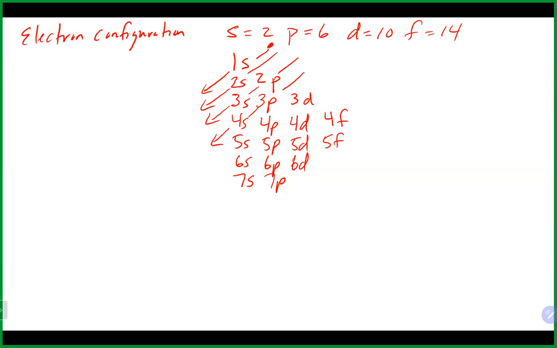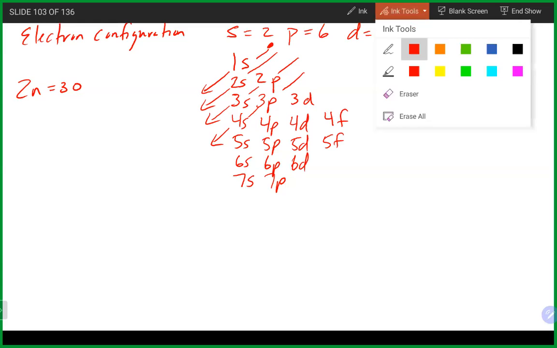So for example, we'll do zinc, which is number 30 on the periodic table. That means it has 30 electrons because it is neutral, and it has 30 protons.